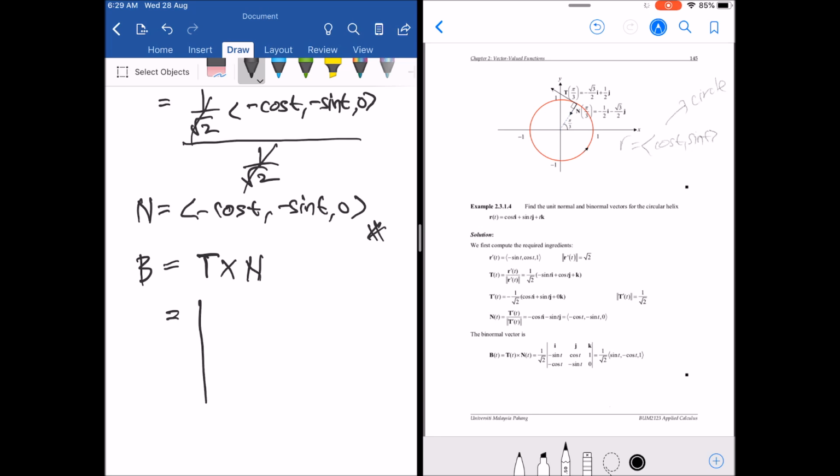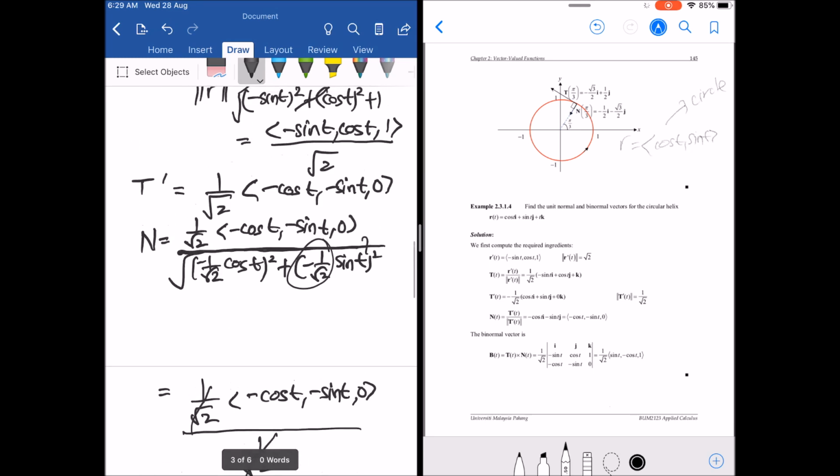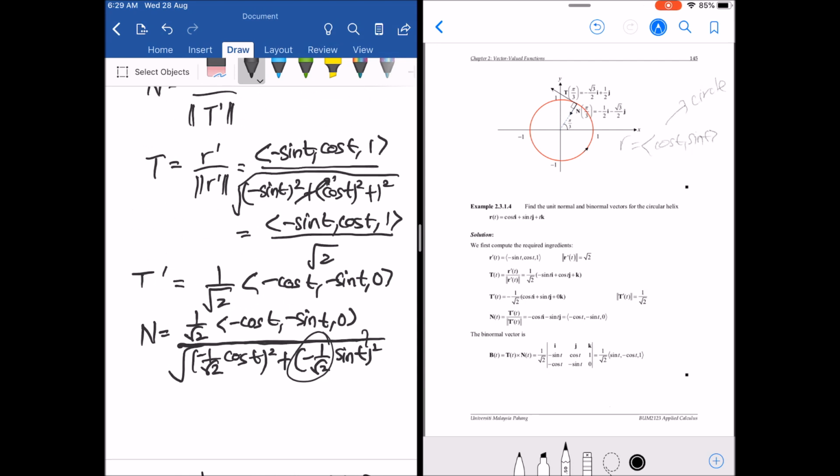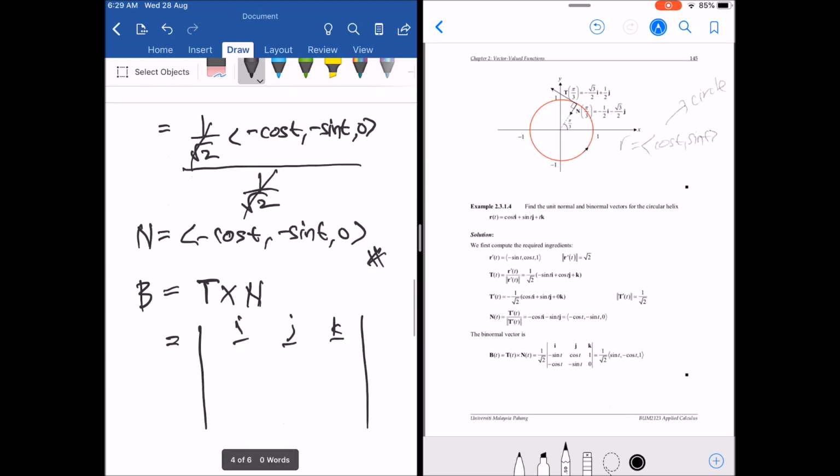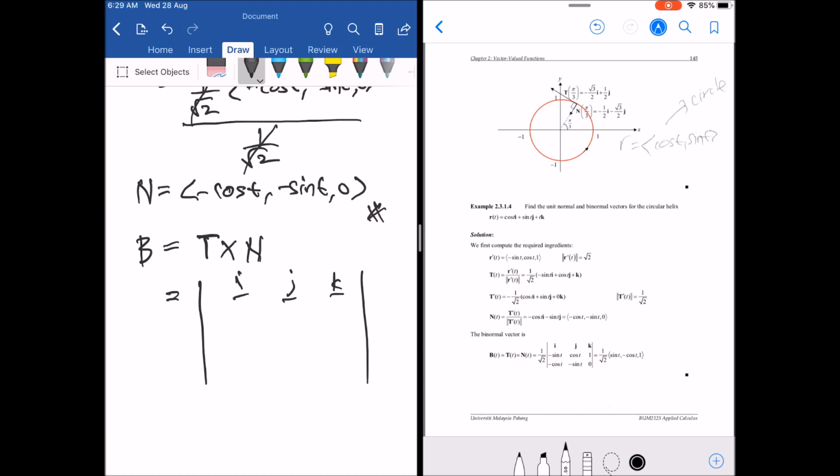So the cross product of i, j, k, the tangent just now is negative 1 over square root 2 sin t, cos t and 1, and then N is negative cos t, negative sin t and 0.